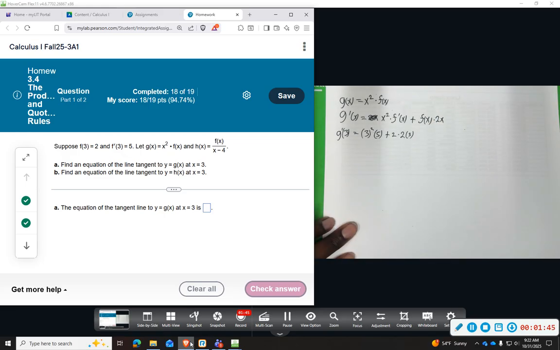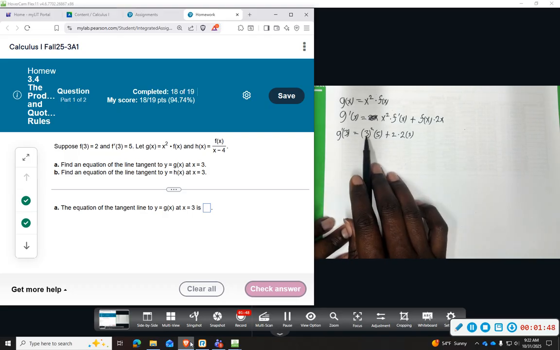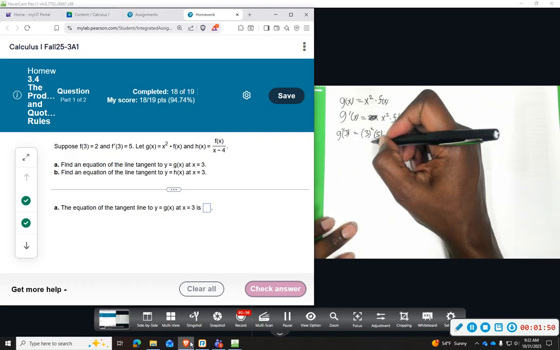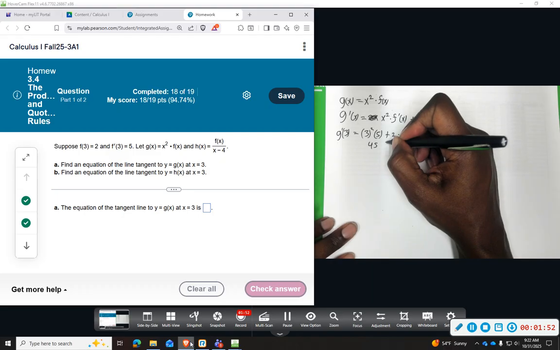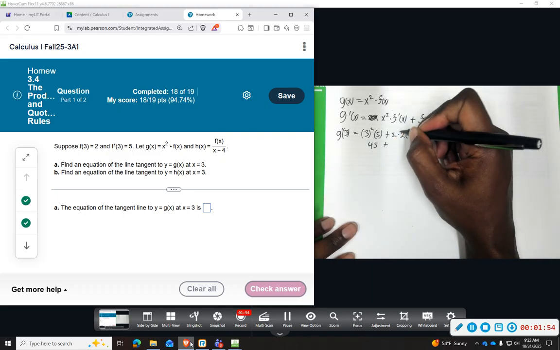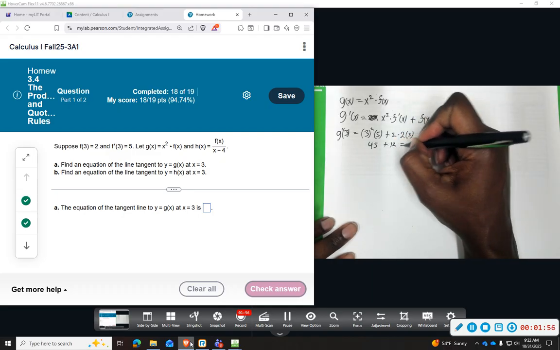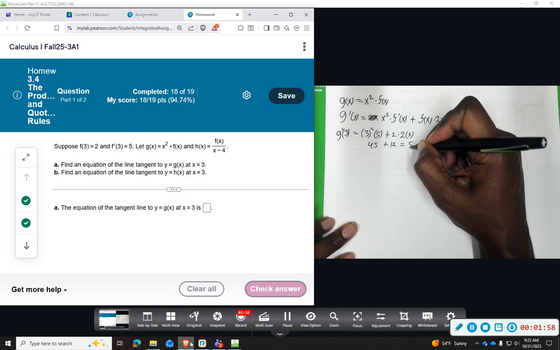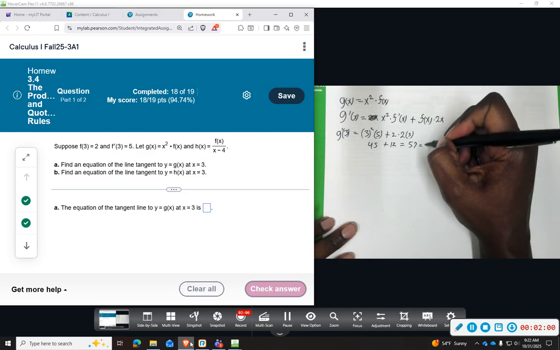Alright, so this will give us our slope. 9 times 5 is 45. 6 times 2 is 12. And that's going to give us 57. So that's going to be our slope.